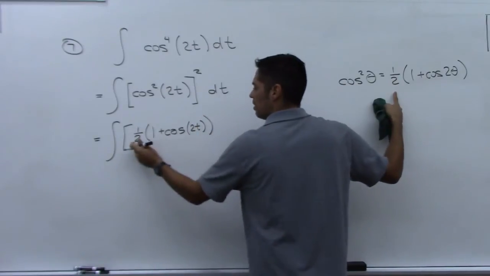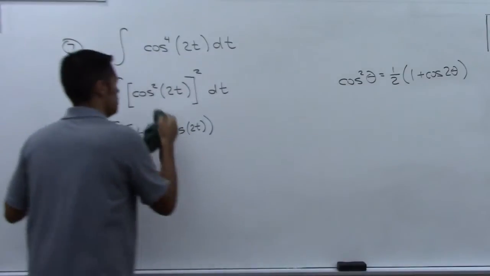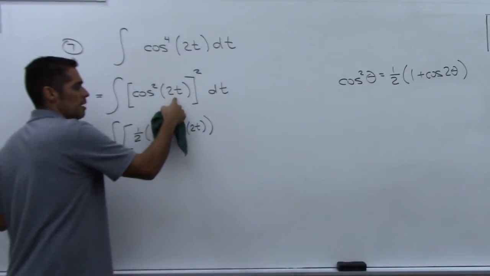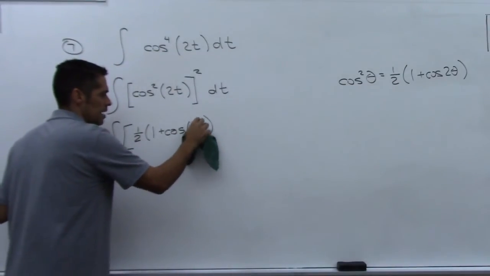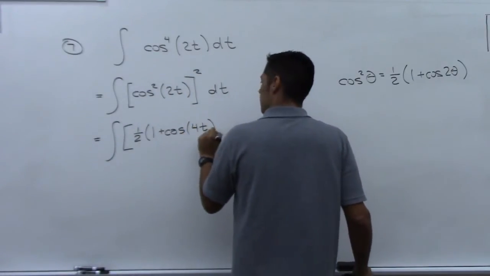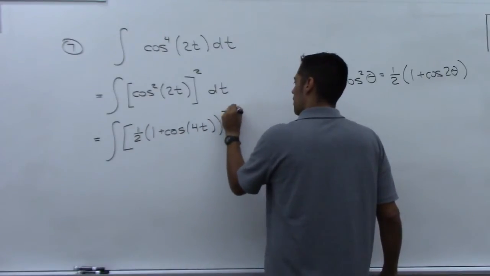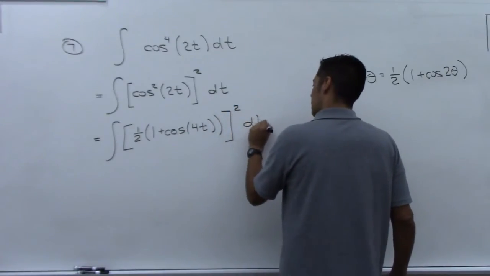That's what this is with the formula. Oh, sorry, hold on. Forgot to double the angle. I have to double whatever angle was in here, so that's not 2t, that's actually 4t. I'm glad I caught that. And then that's what's in my brackets, and that's being squared, and then dt.